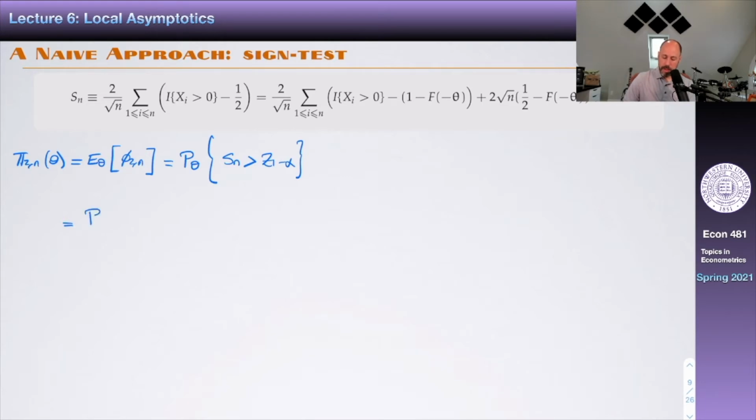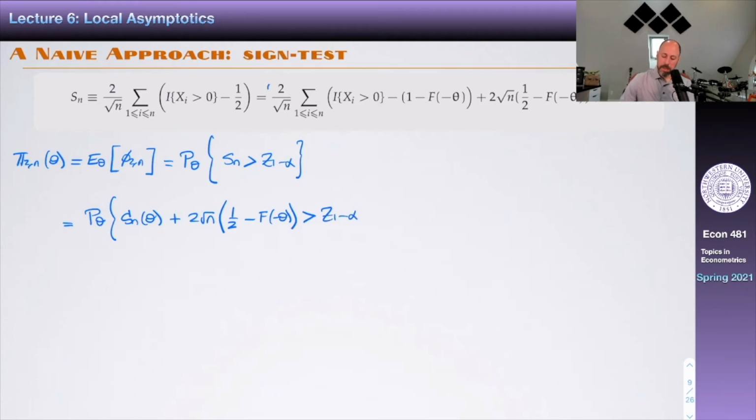Well, this is the probability under theta, and I'm going to use this relationship that we wrote here on top, is Sn of theta plus 2 square root n times 1/2 minus F of negative theta greater than z 1 minus alpha.